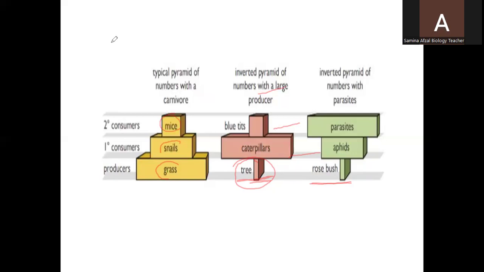And caterpillars, as you know, are greater in number, so they will be shown in this way. And blue tits are larger in size, but they will be smaller in number than the caterpillars. So in this way, the different food chains will show different pyramids of number.